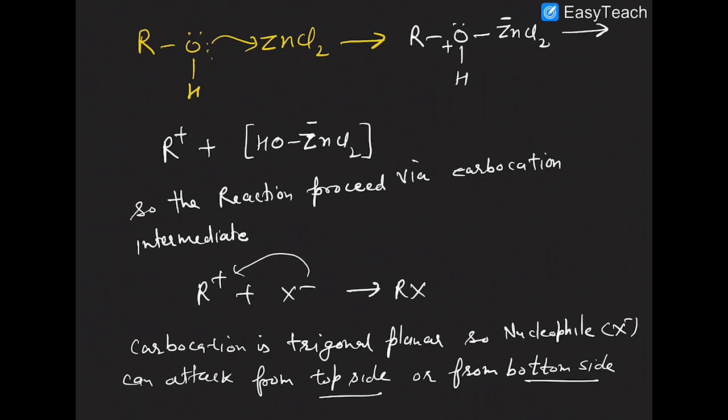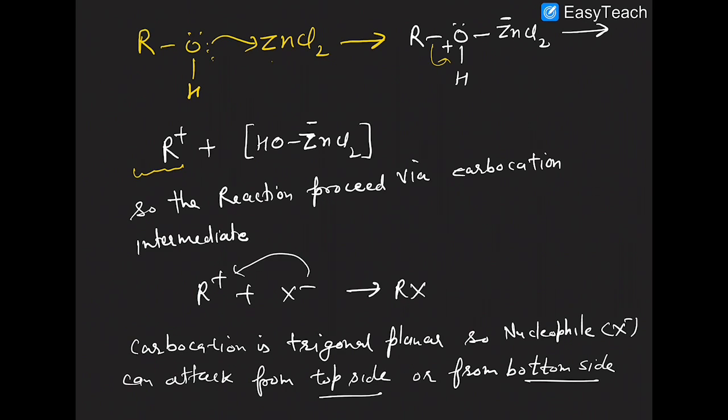The alcohol oxygen, the lone pair attacks zinc because it has vacant orbitals, and a covalent bond is formed between oxygen and zinc. After that, this bond is broken and the bond pair becomes a lone pair. So this R becomes a carbocation and you have the formation of this compound.